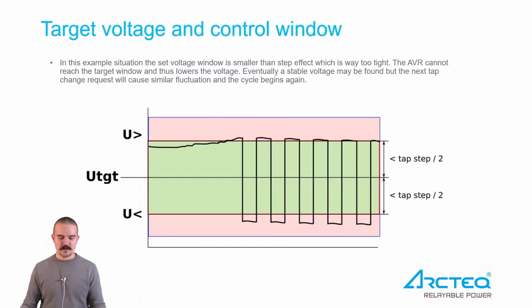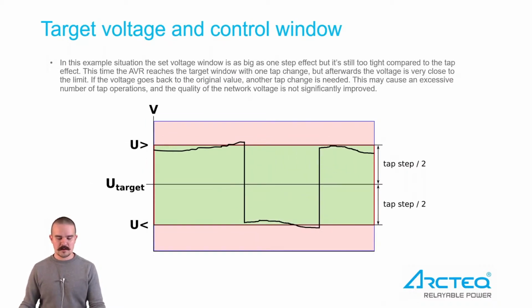And as you see, when the voltage goes over the limit, you will get the command, and it will just go right over to the undervoltage side, and then you will get the increase command, and it will go to overvoltage side, and so on and so on. And maybe at some point it will reach the window, but this doesn't really improve the network voltage quality.